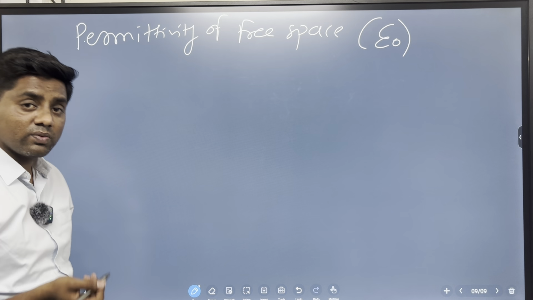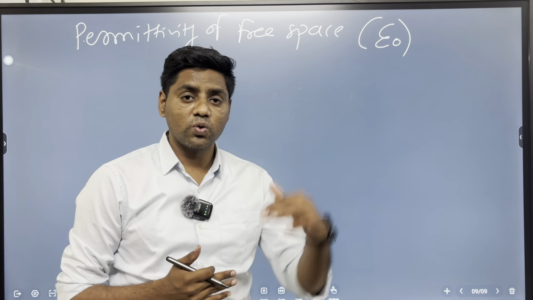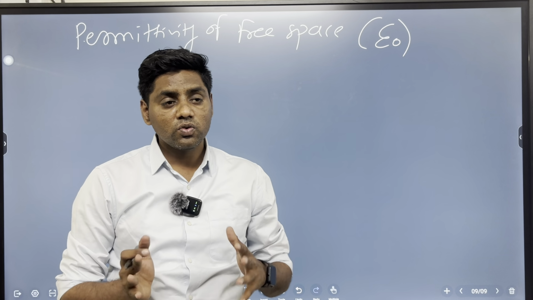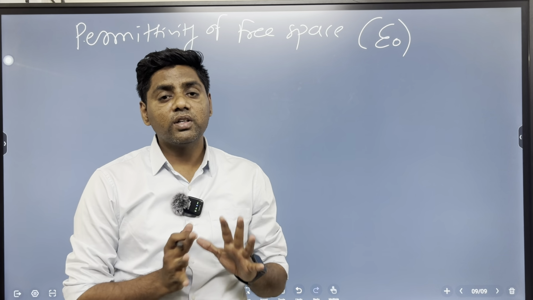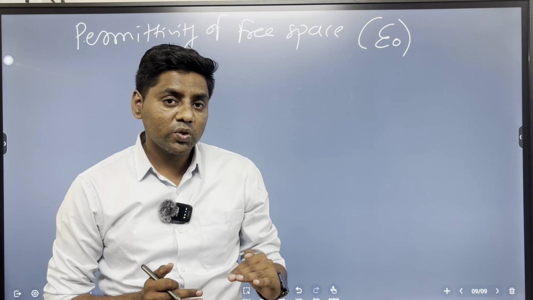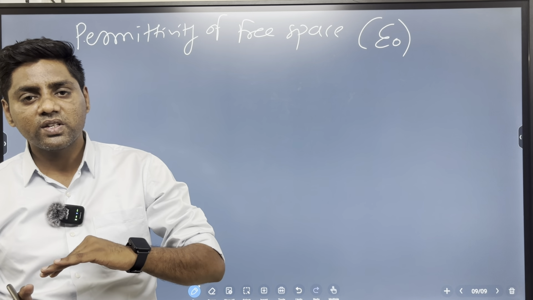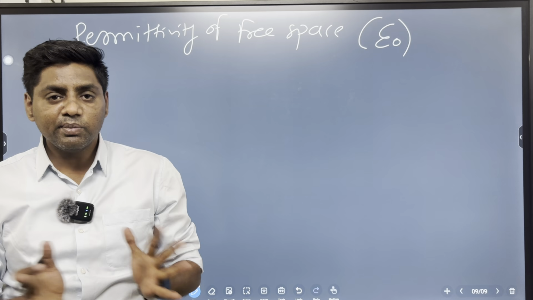Between two charges, we can calculate the electrostatic force of attraction or repulsion. Whenever the nature of the two charges is plus and minus, there is attraction. Whenever both charges are plus plus or minus minus, there is repulsion.